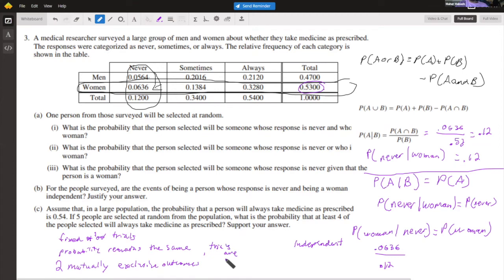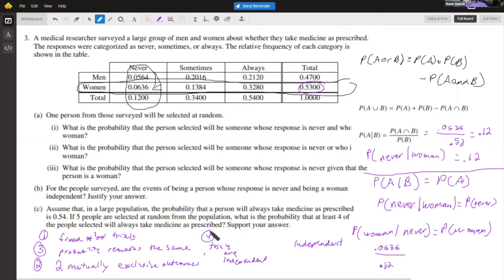Like the first person has no effect on if the second person did it, and it's 0.54 across for everybody. So it's almost the same requirement, but you have to phrase it because they do have slight differences. Does that make sense? But still 4: fixed number, mutually exclusive, probability remains the same, kind of because the trials are independent.